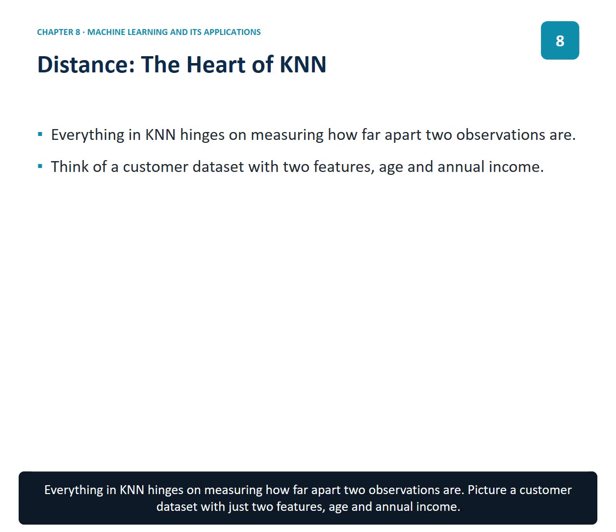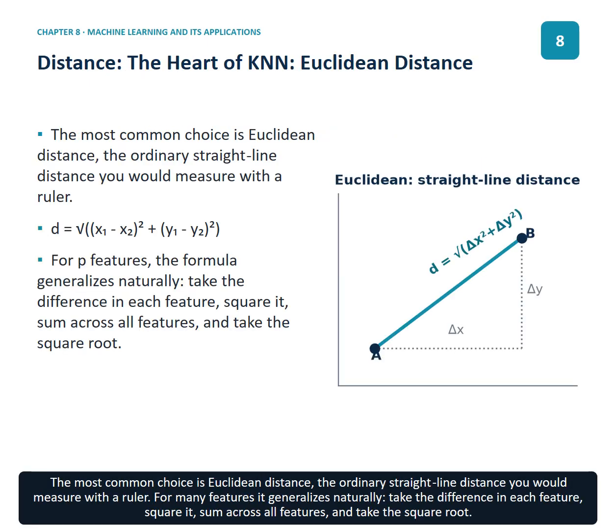Everything in KNN hinges on measuring how far apart two observations are. Picture a customer data set with just two features, age and annual income. The most common choice is Euclidean distance, the ordinary straight line distance you would measure with a ruler. For many features, it generalizes naturally.